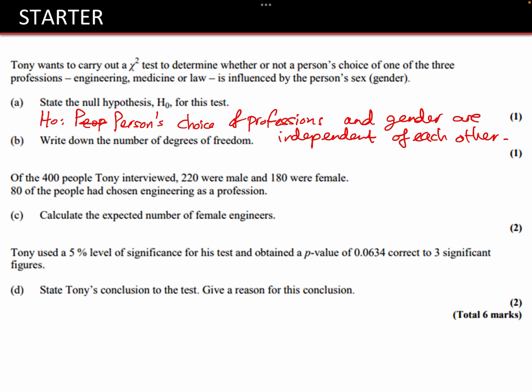And of course, if we ask for the alternative hypothesis, we're assuming that both of these variables would be dependent of each other. And we're also looking at what is the number of degrees of freedom. In this case, there is a formula for this, which is looking at the number of rows and the number of columns if we have a table that shows the data.